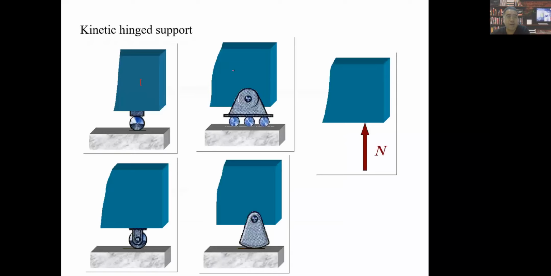All these 1, 2, 3, 4 have the same function: they only prevent movement along the axis. But because we have wheels, we have mechanisms here, a little movement along the x-axis is allowed. So there is only one reaction force.